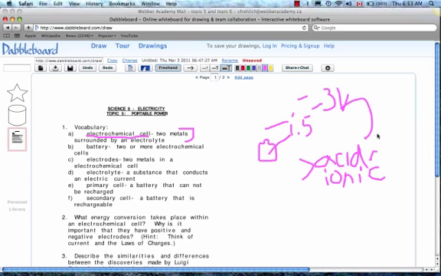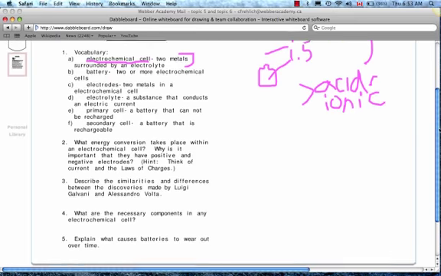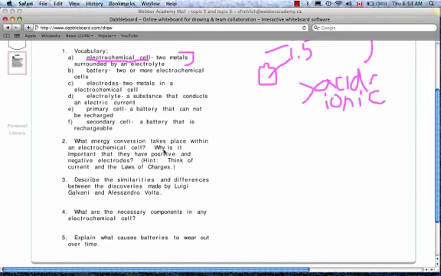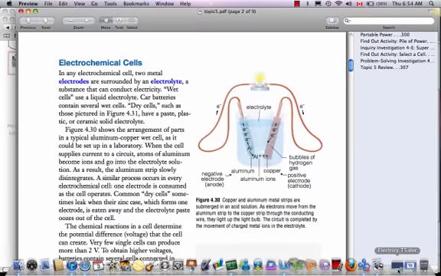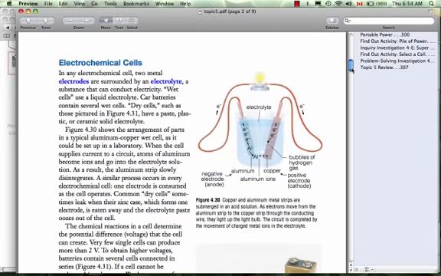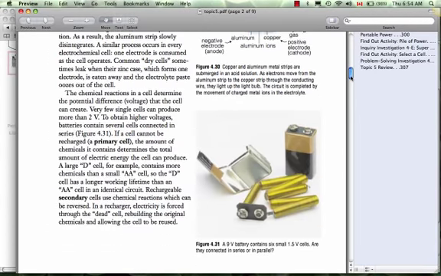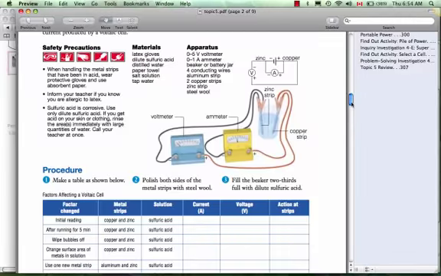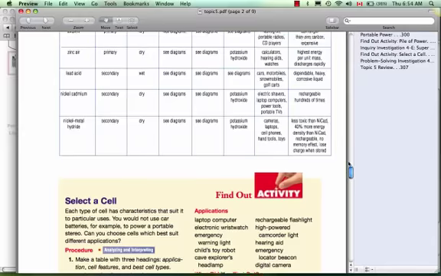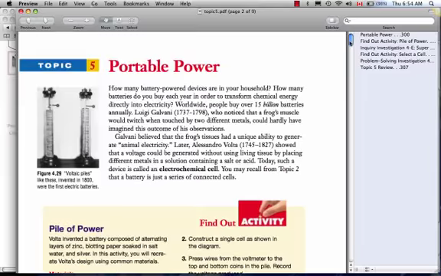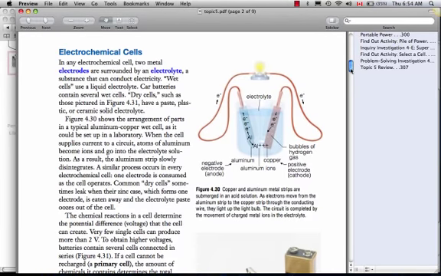Question 2. What energy conversions take place within an electrochemical cell? So from topic 4, we learned all sorts of energy conversions. So there's the input energy versus the output energy.